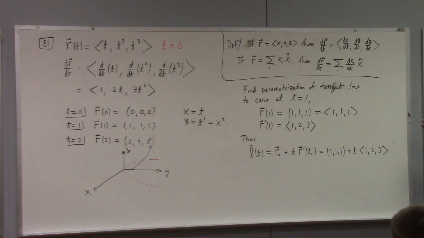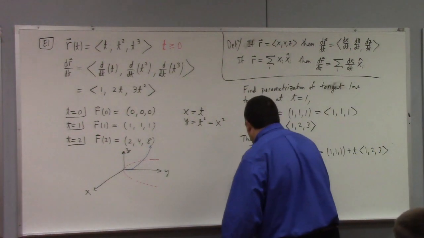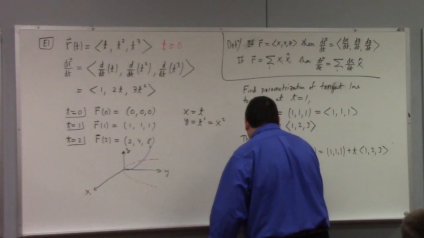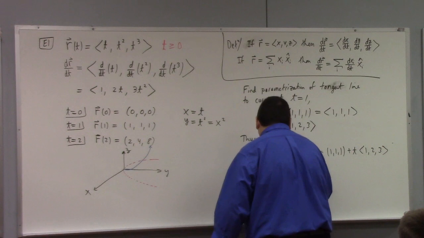Whereas t equals 1 is where the curve is at that time. So if you want the parameter for the tangent line to have the same temporal meaning as the parameterization for the curve itself, if you want to think about the parameters being honest to goodness time, and you want the tangent line to collide with your curve, then instead of using this, if you want the colliding tangent line, pretty simple.